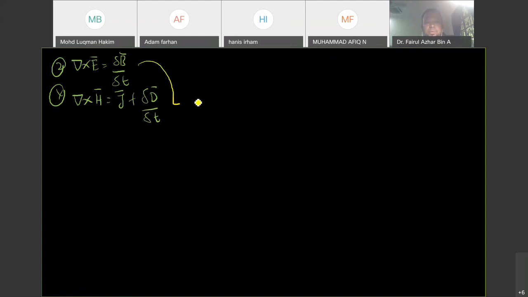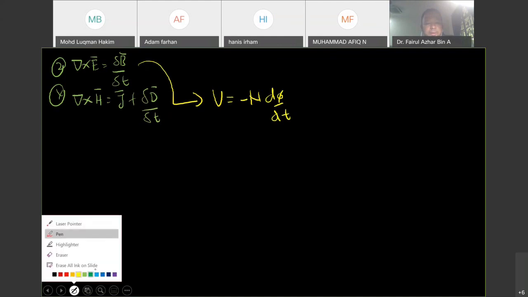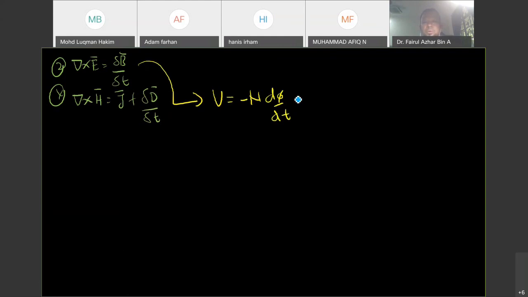Okay. So for the second equation, with some technique of derivation, basically we will have another form of it. So we will have V is equal to minus N d phi divided by dt. Okay, this particular expression is associated with Faraday's law.